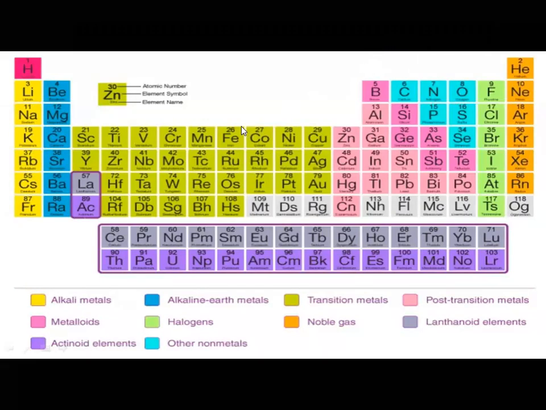Now, if you look at the electronic configuration of the elements present in the same group, for example, let me consider group 1. Lithium is there, sodium is there, potassium is there, and so on. I'll consider these simple elements to make you all understand.